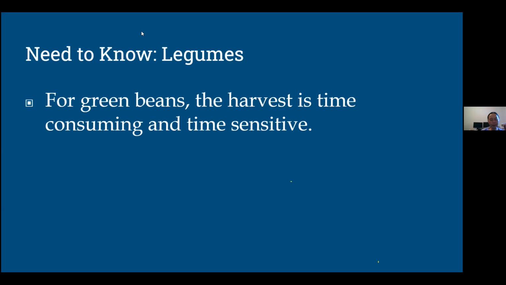I know there was a question in the chat from Veda. How soon can we direct seed peas? I would say early spring, sometime in April when the soil isn't hardened or frozen.